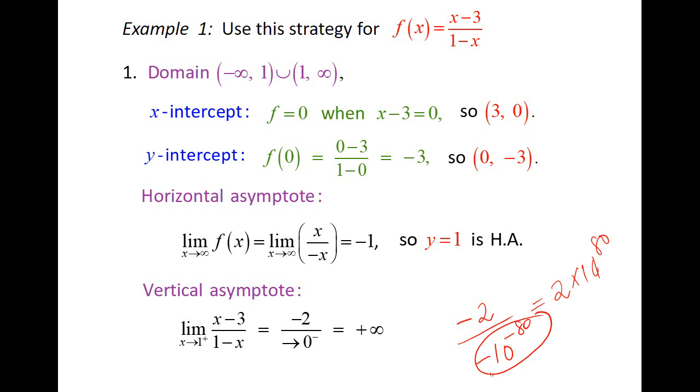So we see that the limit is positive infinity as x goes to 1 from the right, and so x equals 1 is a vertical asymptote.